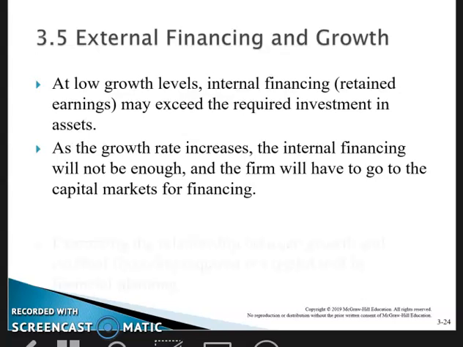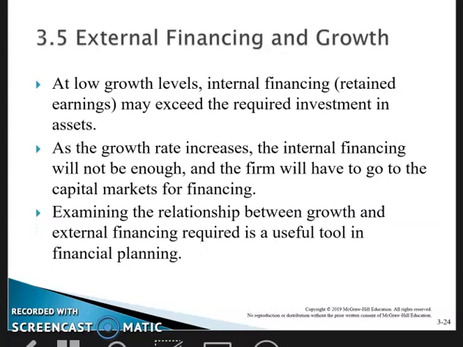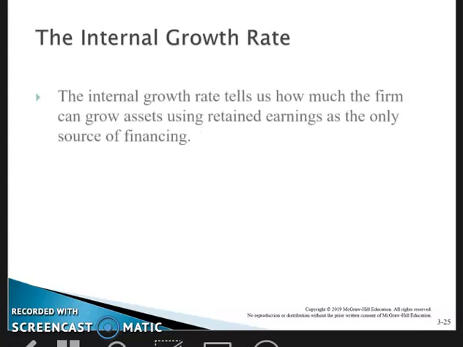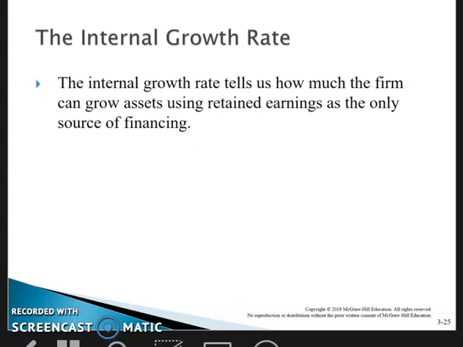To examine the relationship between growth and external financing needed, the first way we do that is with the internal growth rate. The internal growth rate tells us how much the firm can grow assets using retained earnings as the only source of financing.